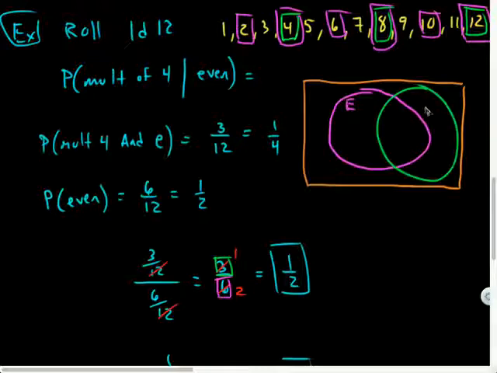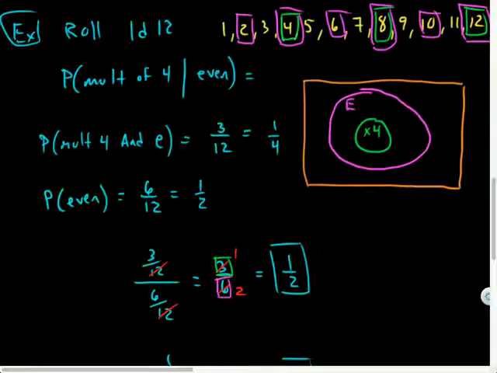Could I draw this if this was mult 4? No, because there's never a multiple of 4 that isn't even, right? So it's going to look like an egg with its yolk, right? So multiples of 4 are going to be a complete subset of that.